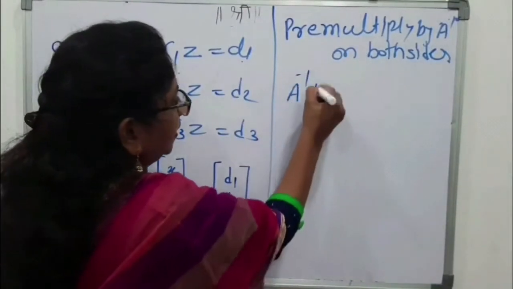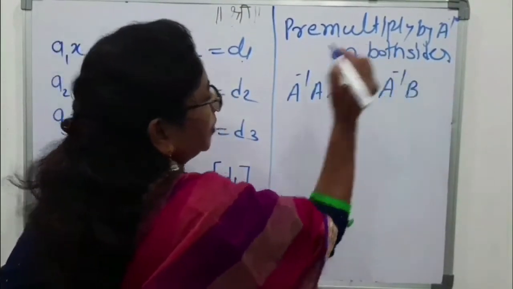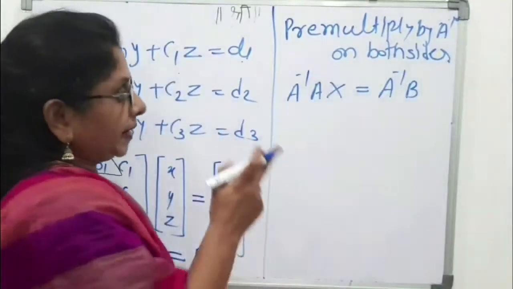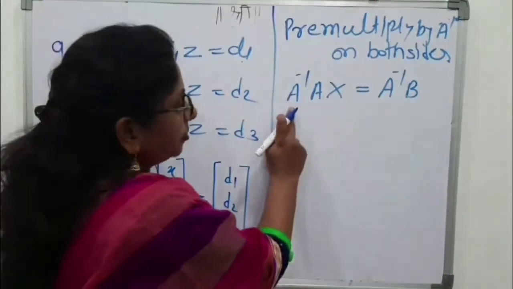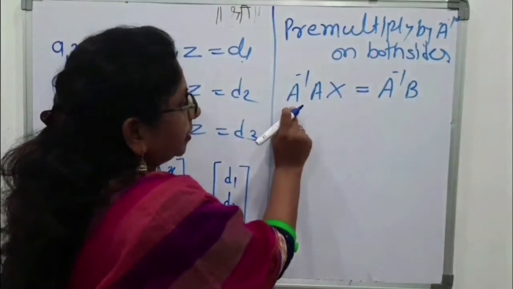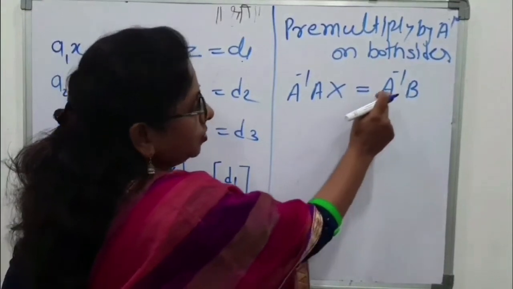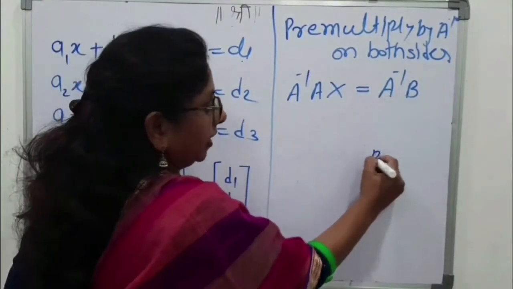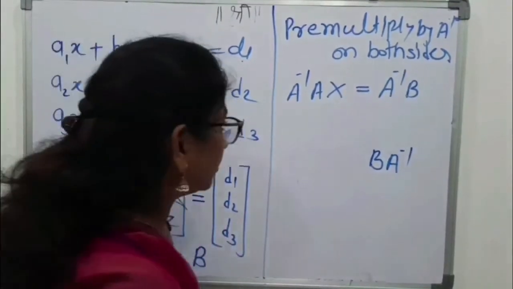A inverse A X equals A inverse B. We know that matrix multiplication is not commutative, so we must multiply like this: A inverse A X equals A inverse B. We can't write it the other way. Pre-multiply means pre-multiply.